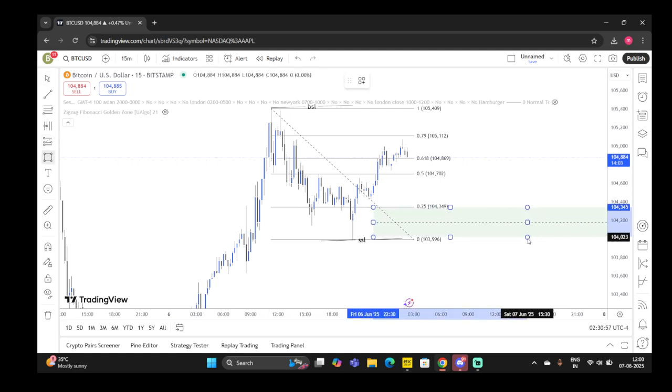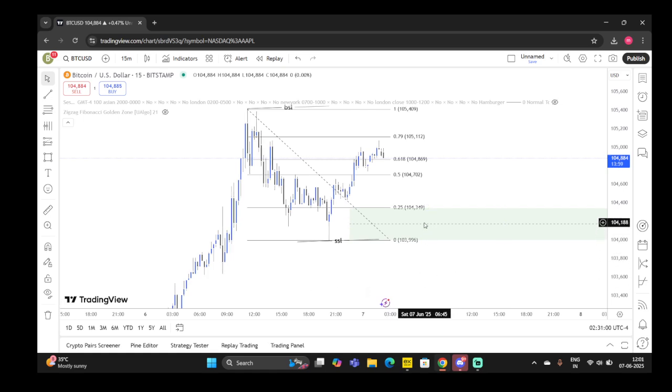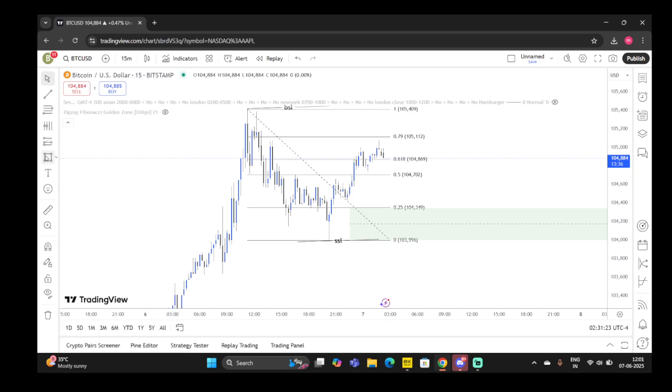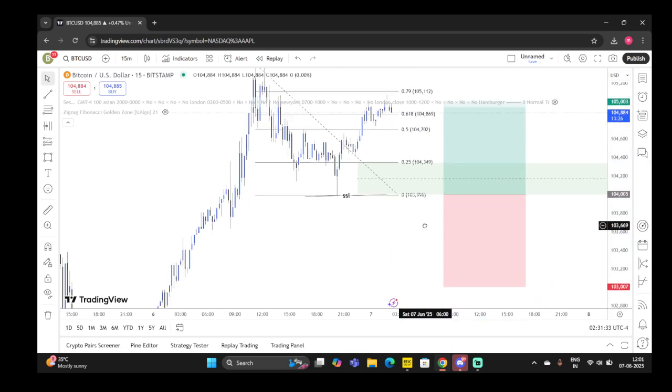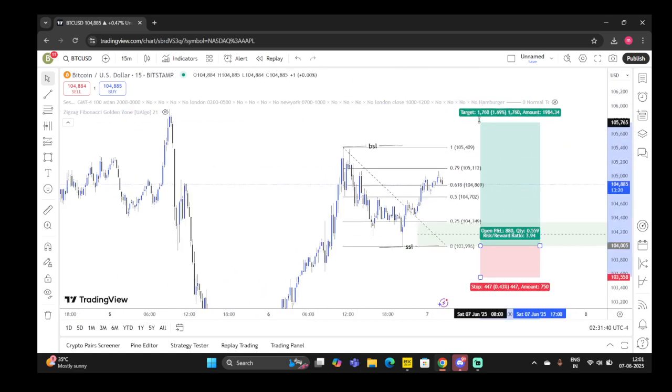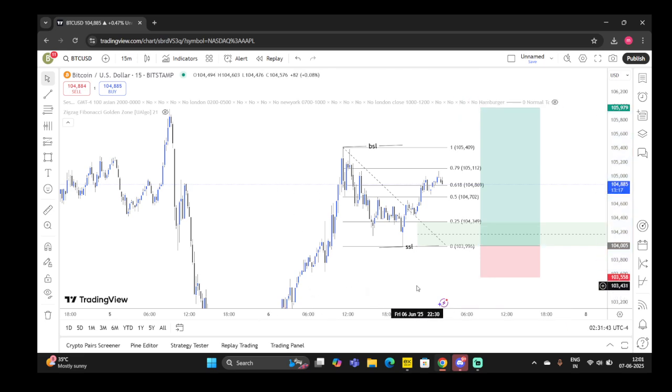For this range, this is the discount area, which is 1,04,349, and this one is 1,03,996. If the market comes to this area, as it is in the range between BSL and SSL, you can take a little risk, like this.